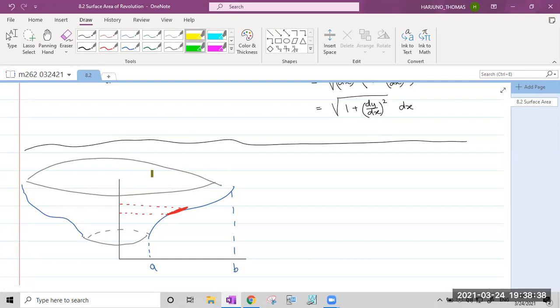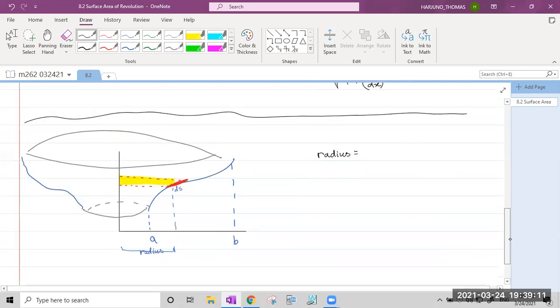Now, let's take a look at this strip here. This is our ds, right? And this is our radius. You tell me, what is my radius equal to in this case?